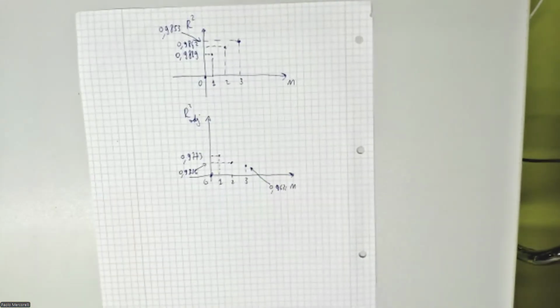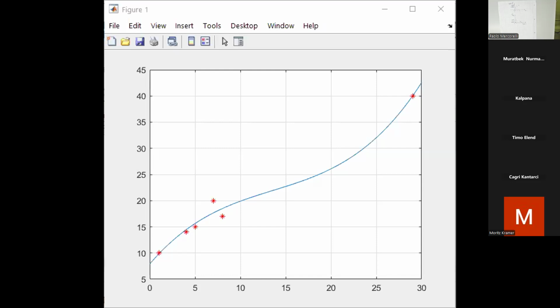Now, let me show you how it looks. This is the solution, graphically. We are still minimizing SSE because R squared is increasing. Do you remember?